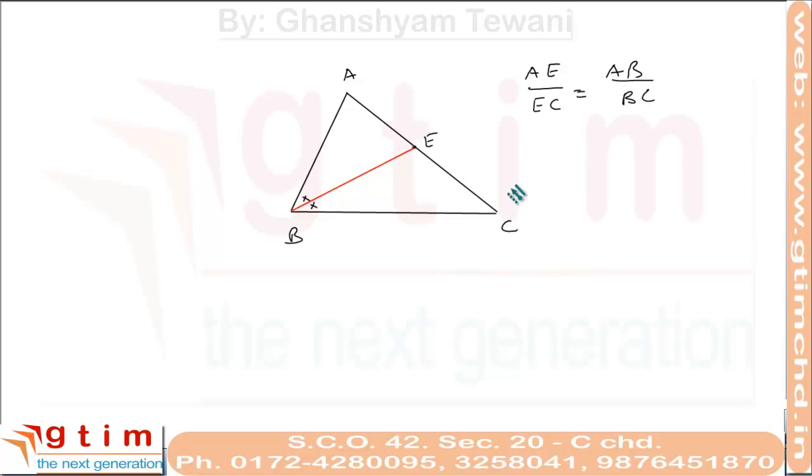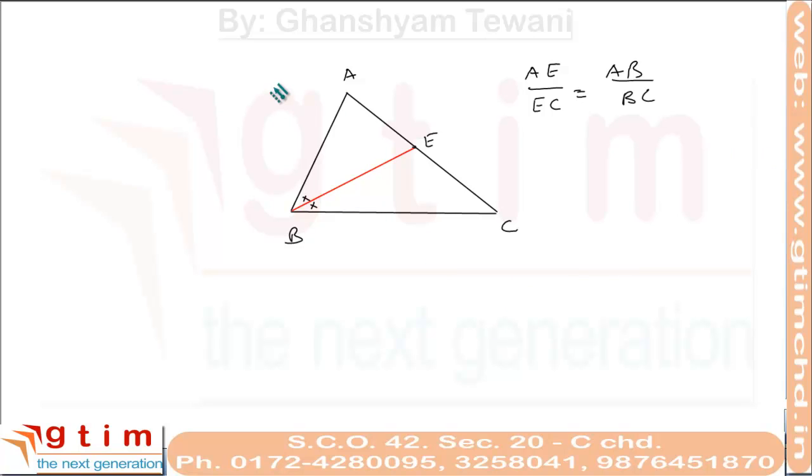For example, if we draw angle bisector for angle A, then this bisector divides opposite side BC in ratio which is BD upon DC, which is given by ratio of adjacent sides of triangle, that is AB upon AC. So let's prove this fact.